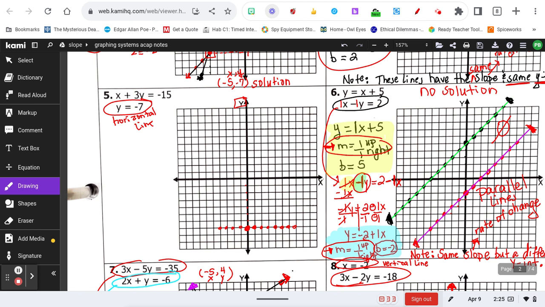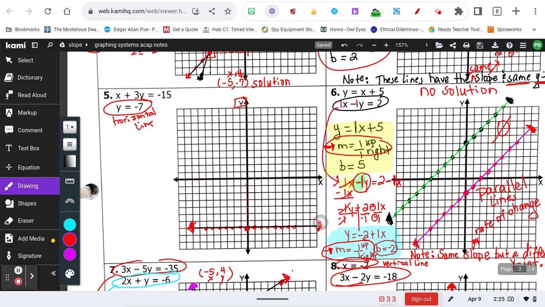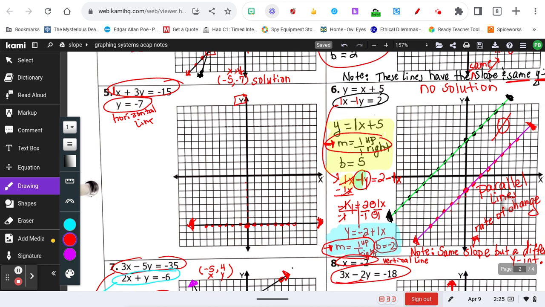And then you just draw a flat line. And what you would do is go back and solve for y on this one, get it in slope-intercept form, graph it, and see where they intersect.